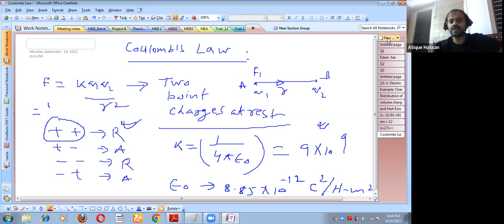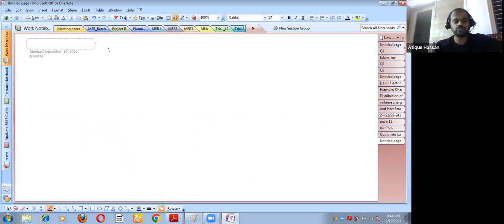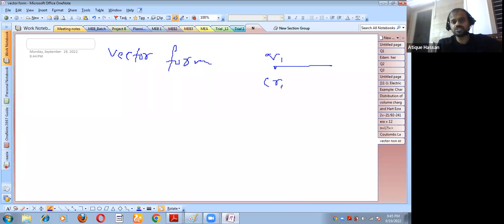Okay, and we also have the vector form of Coulomb's law. Vector form is like, suppose the charge q1 is having position vector r1 and charge q2 is having position vector r2.